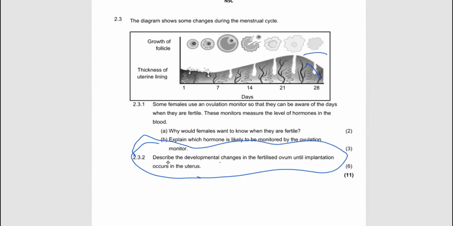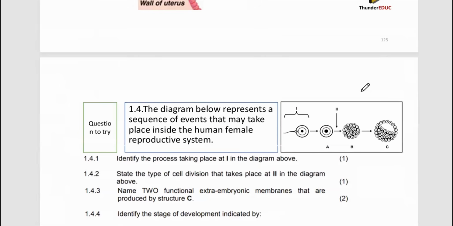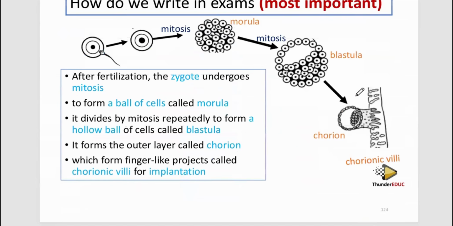A zygote is formed which undergoes mitosis to form a ball of cells called morula, which undergoes mitosis to form a hollow ball of cells called blastula, which forms the outer layer called chorion, which forms finger-like projections called chorionic villi.